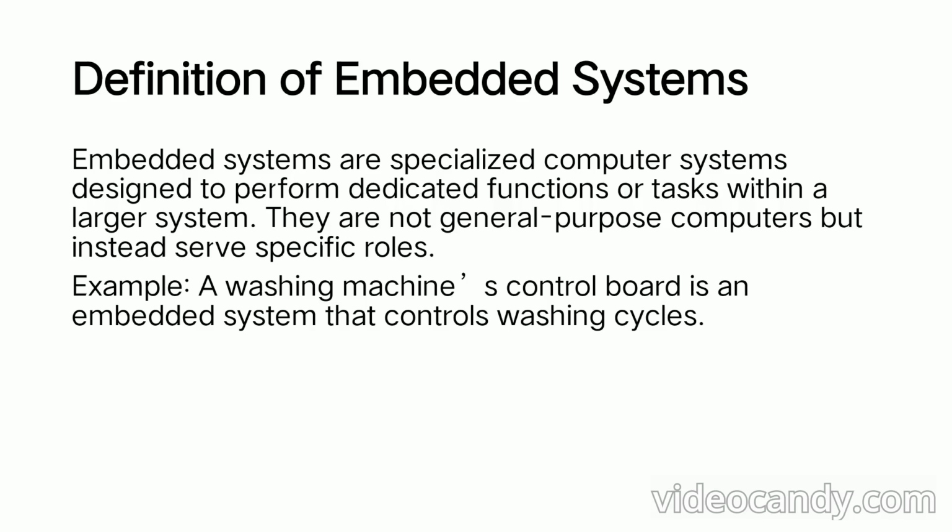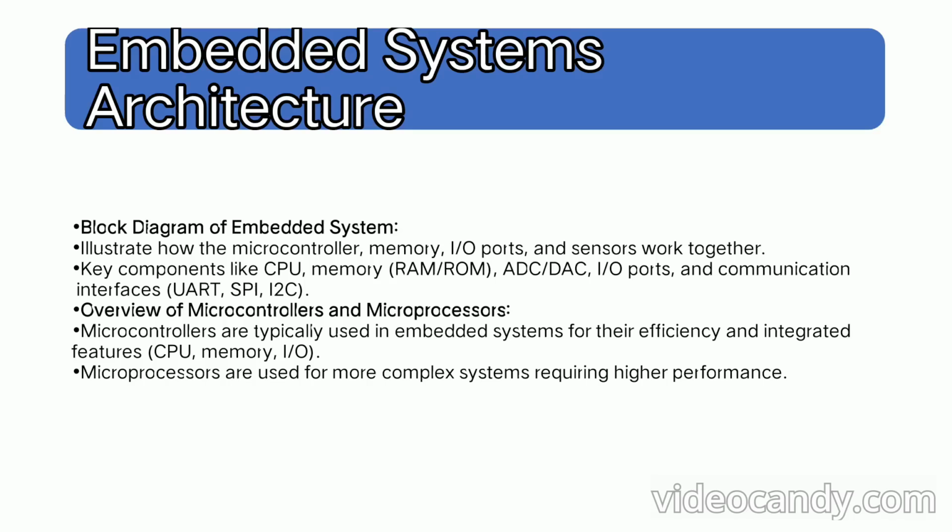In an overview, we can say the embedded system is a combination of hardware and software. A washing machine is a correct example of an embedded system, right? The machine controls a motor by using the software inside the control board. It is known as an embedded system.